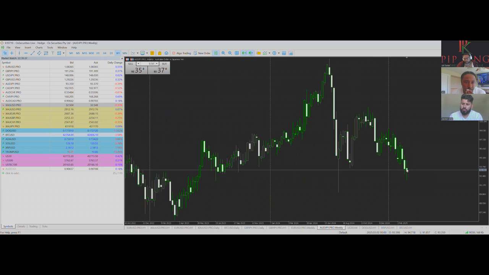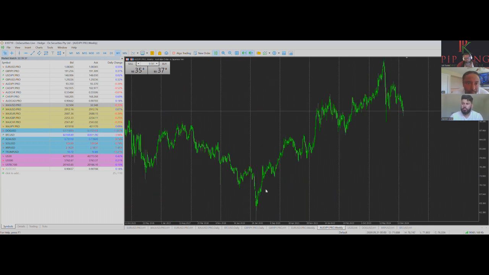So we have a rejection area down here because ultimately we are in a bullish trend, right? So the market had to pull back and breathe at a certain point for people to take profits.